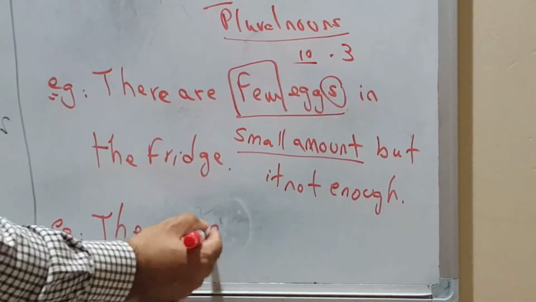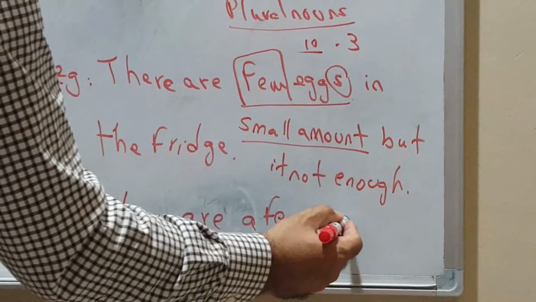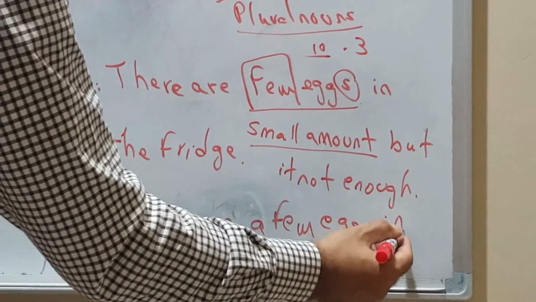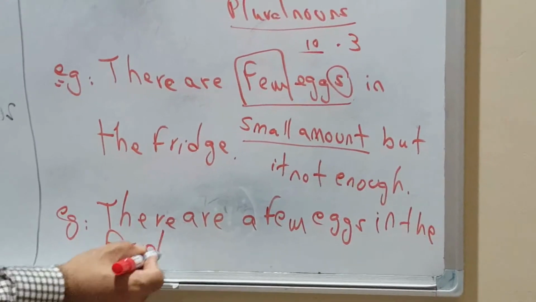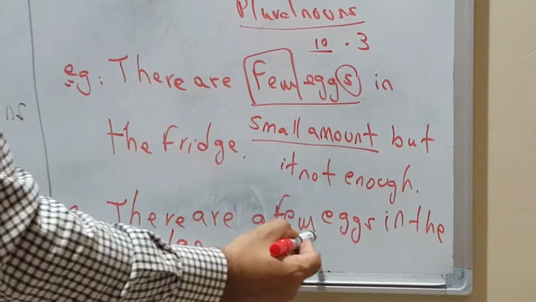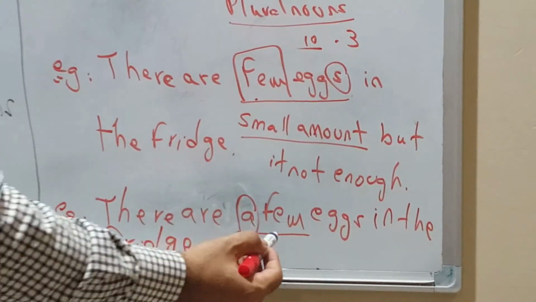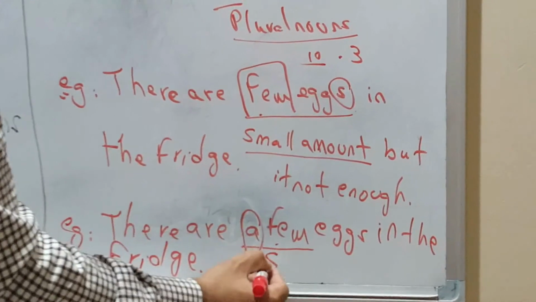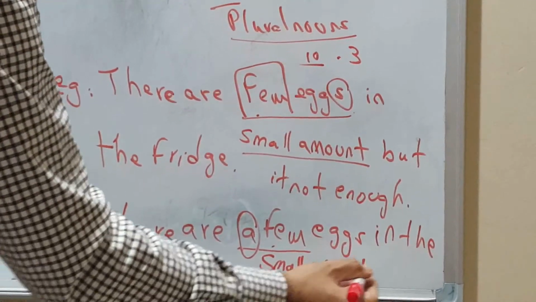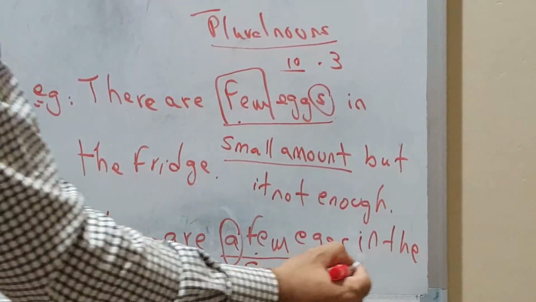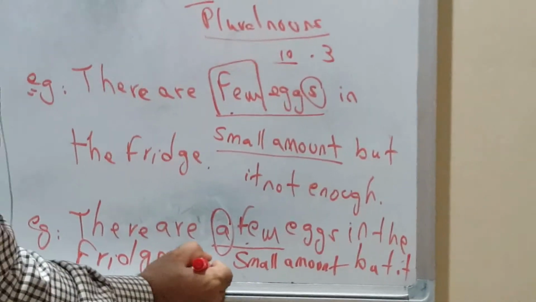While here in the second example, let's take the same example. There are a few eggs in the fridge. Here a few. So this A. Here the amount is small also. Small number also. But it is enough.